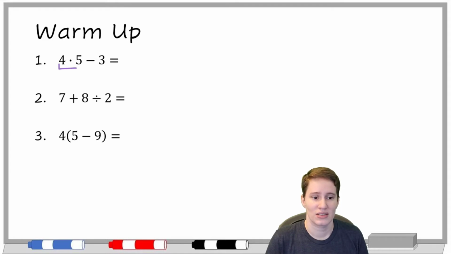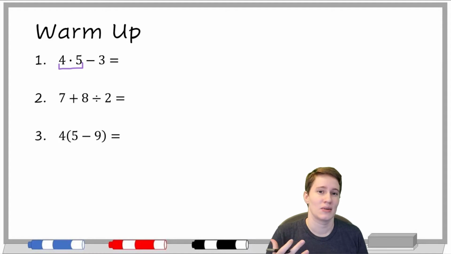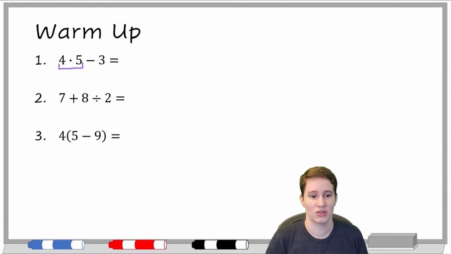And so this connection between the 4 and the 5 with multiplication is stronger than what's happening with the minus 3. If we think about it like that, it can make it easier to tell what you're supposed to do first. We are supposed to do 4 times 5 and then subtract the 3. So 4 times 5 is 20, and then 20 minus 3 is 17. And that would be our answer.